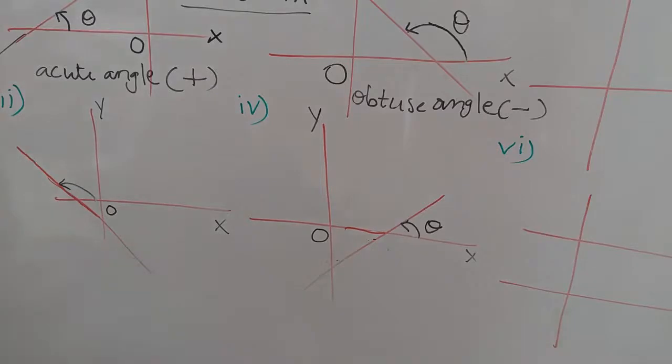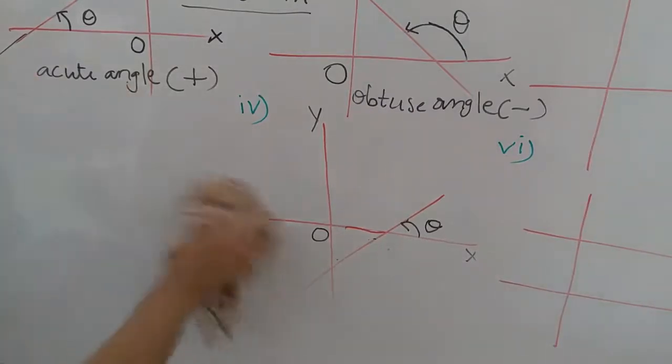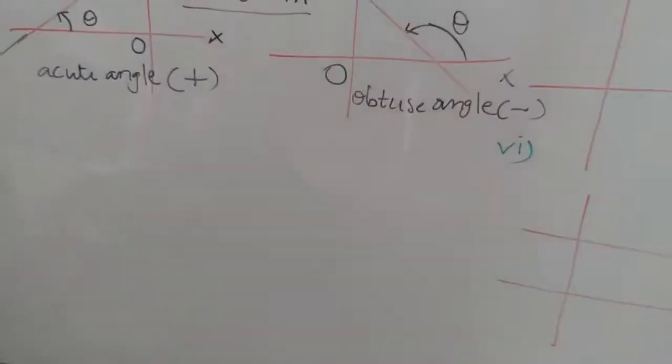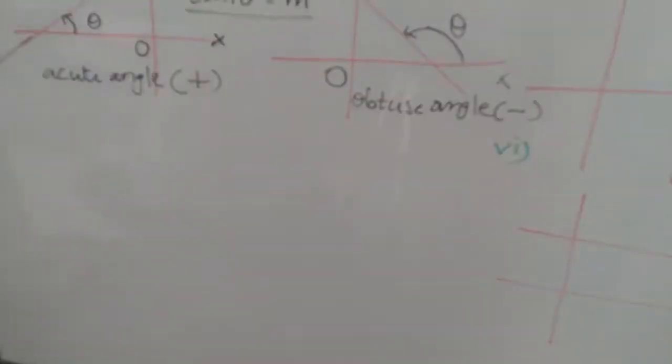See, in these four cases you have understood that here it can be obtuse, here it can be obtuse, here it is acute, and here it is acute. So now let us understand why we are taking tan theta only, not sine, not cos. Now students, you have to understand this is the line here.